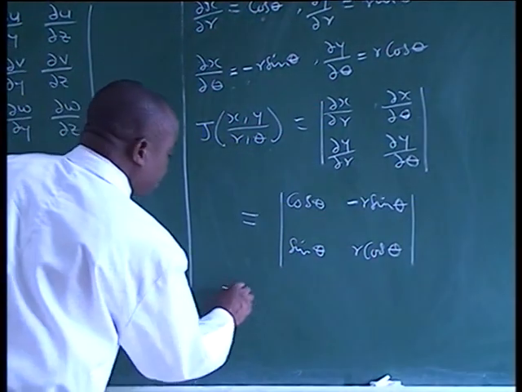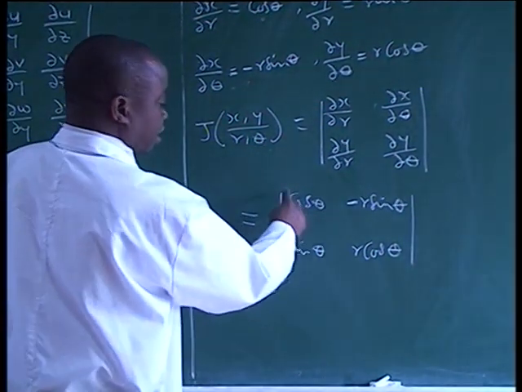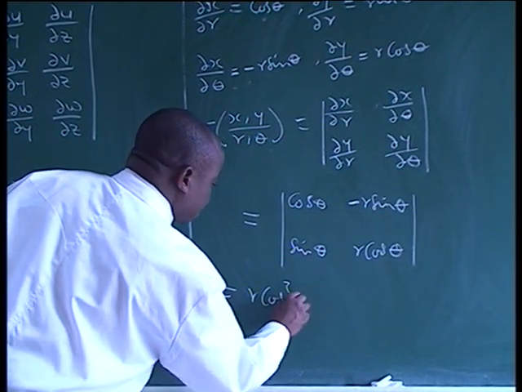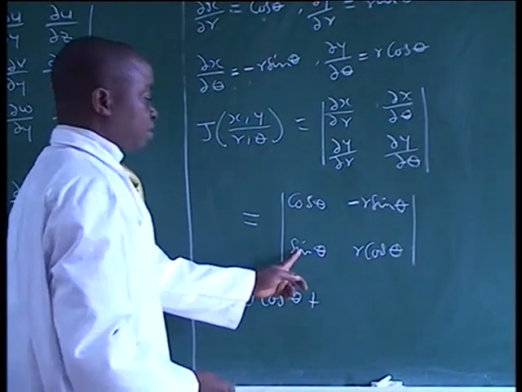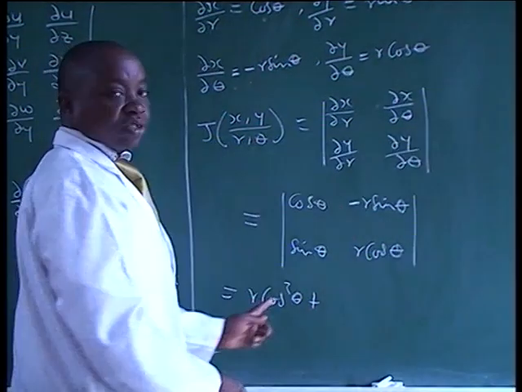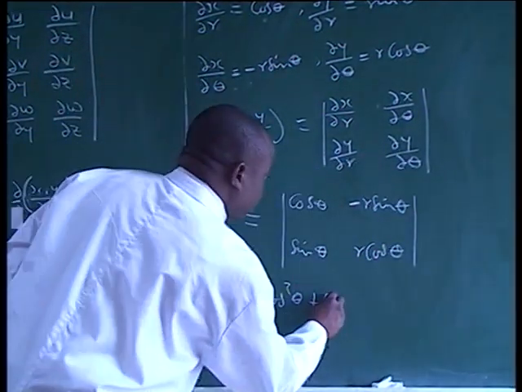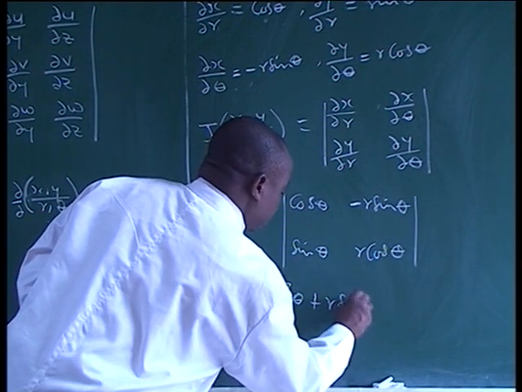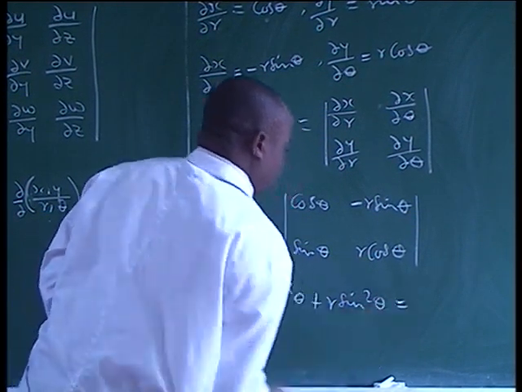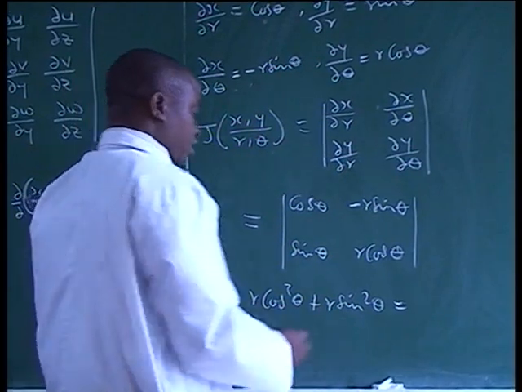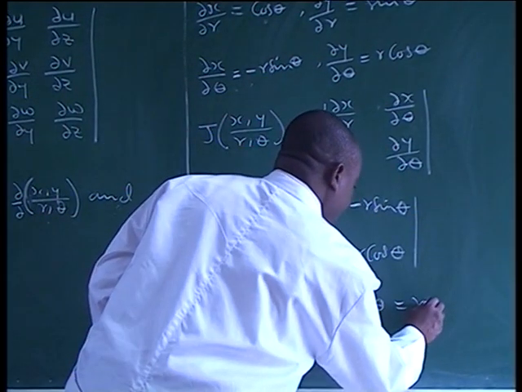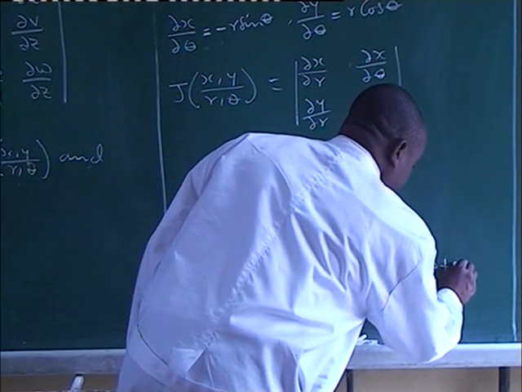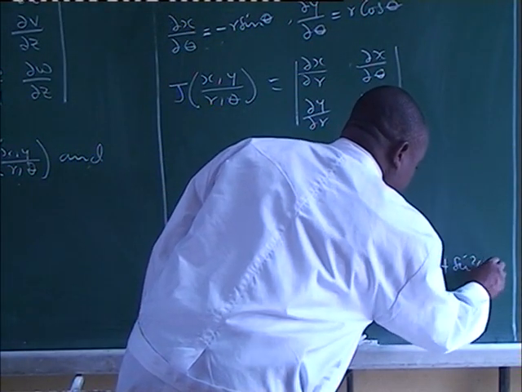Now taking this determinant, we have r cos square theta plus, because it's minus minus, plus r sin square theta, which is equal, by factoring out r, to r times cos square theta plus sin square theta.